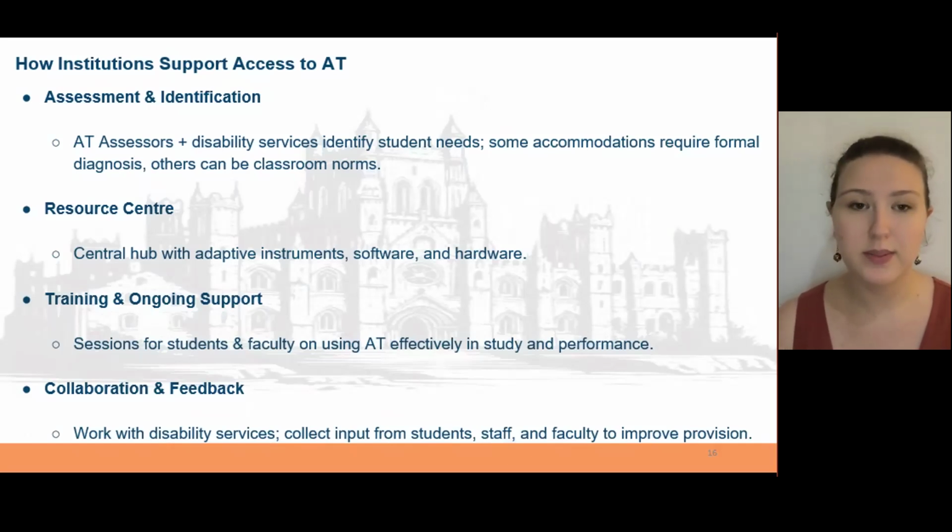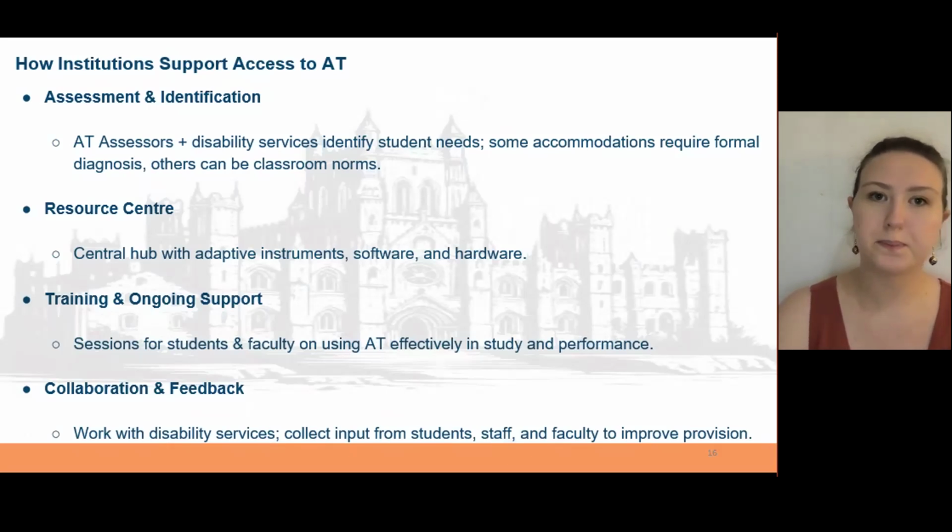Having a resource center, a central hub with adapted instruments, software, and hardware, training and ongoing support sessions for students and faculty on how to use AT effectively in study and performance, and collaboration and feedback. To work with disability service, collect input from students, staff, and faculty to improve these provisions. This is how an institution would support access to assistive and adaptive technologies.